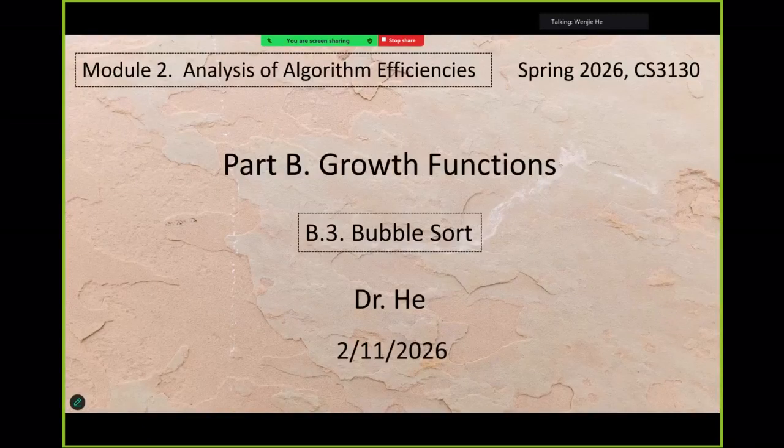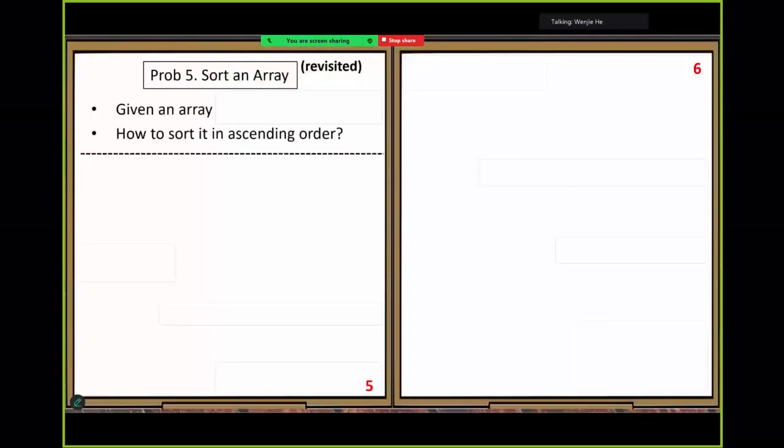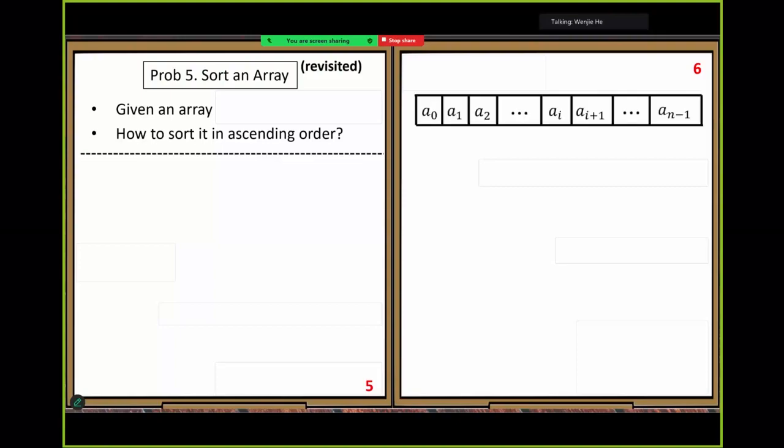V.3, bubble sort. Another interesting sort, our second sort. So let's do part of this: the same problem number 5, but we revisit.